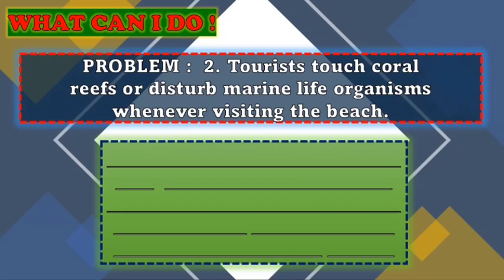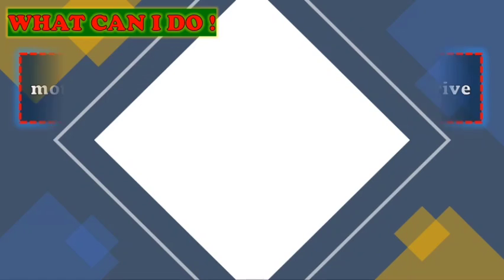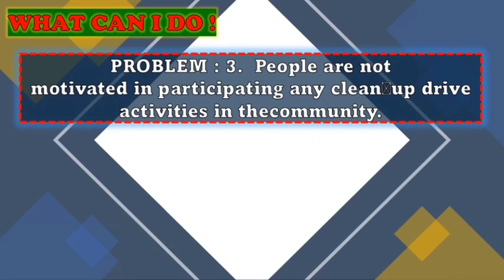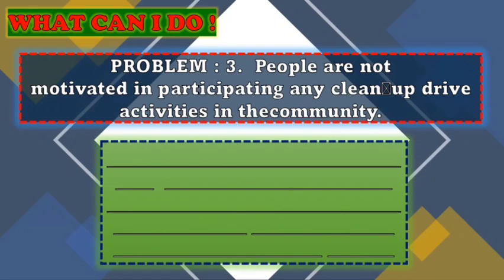What will you advise? What will you do? Okay, next. Problem number 3. People are not motivated in participating in any cleanup drive activities in the community. Okay, what are you going to say? What are you going to do? How will you empower them?